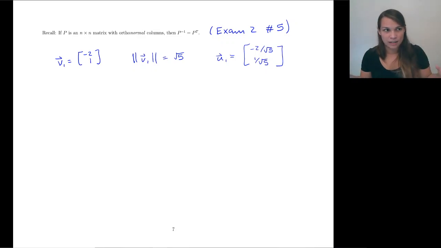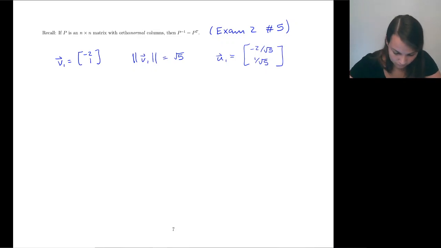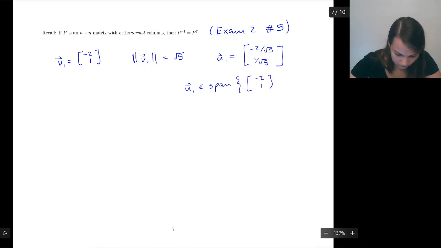Then just again to reiterate why this is so okay, U1 is in the span of -2, 1.